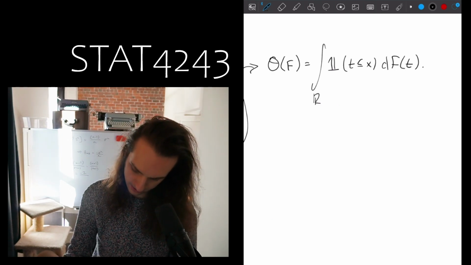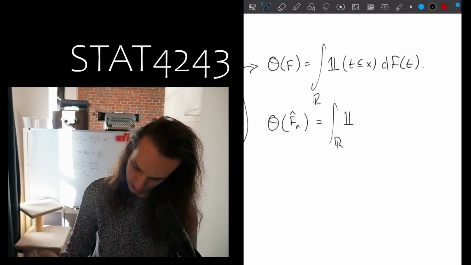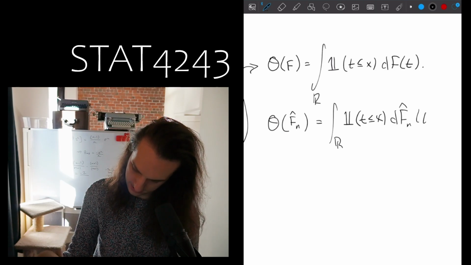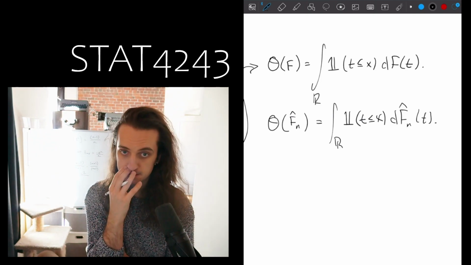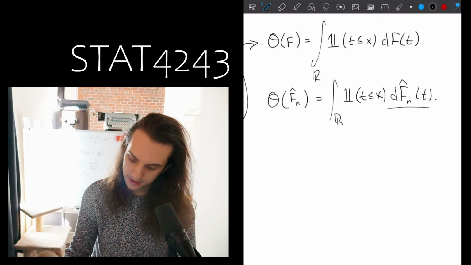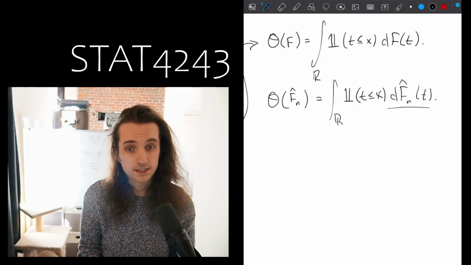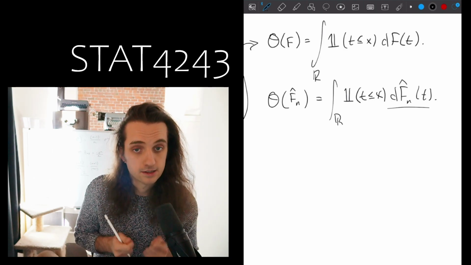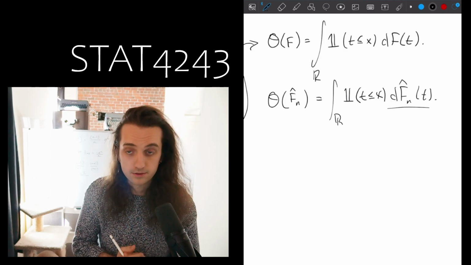Then if we take theta of F hat n, this is going to be the integral over this function, taken with respect to F hat n. And whenever we're integrating with respect to these discrete valued CDFs, and our empirical CDF here is a discrete valued CDF, then the integral becomes a summation. We talked about this when we were introducing discrete versus continuous: we write down everything as though they're integrals, but when we have discrete valued things, then they're actually summations.